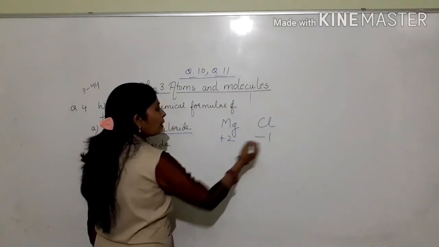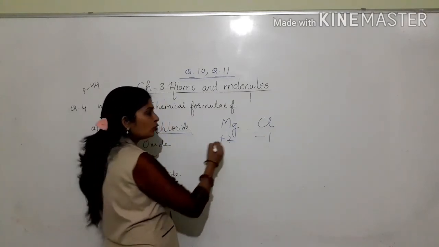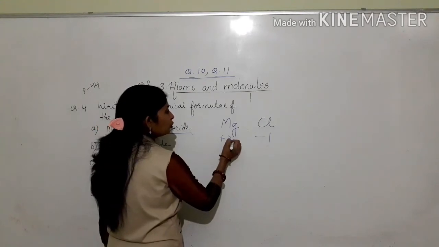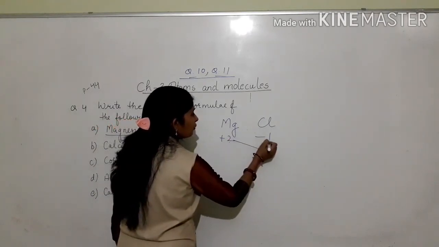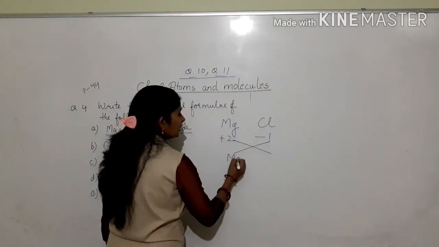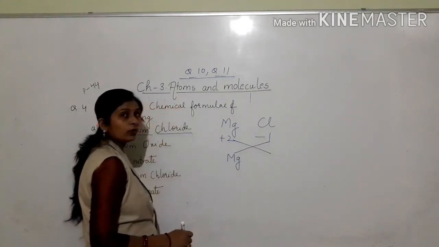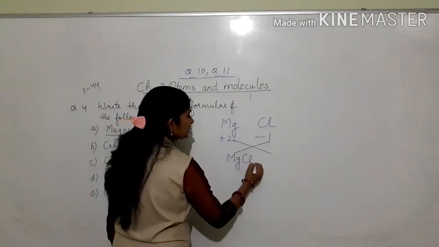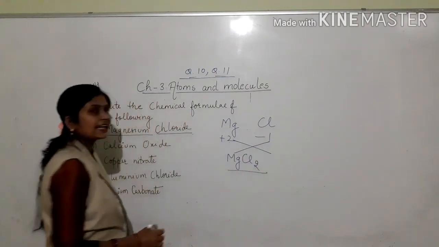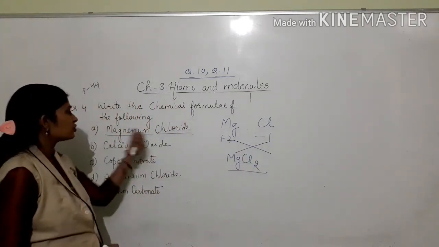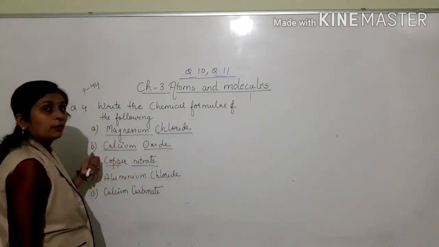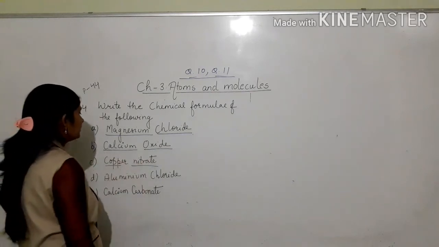Now 2 upon 1, just simplify, it will remain 2 upon 1. Now cross transfer 2 over Cl, 1 over Mg. Mg1, we need not write 1. Now transfer 2 over Cl, then Cl2. So what is the chemical formula of magnesium chloride? It is MgCl2.